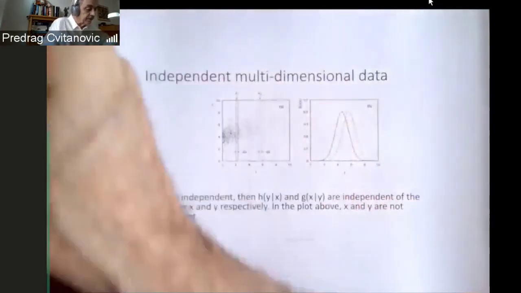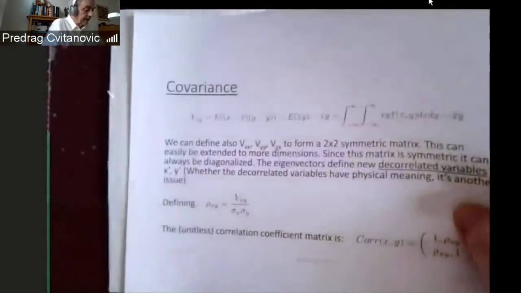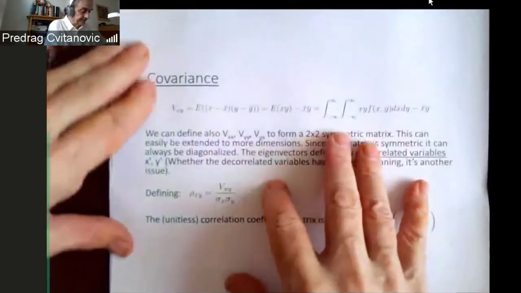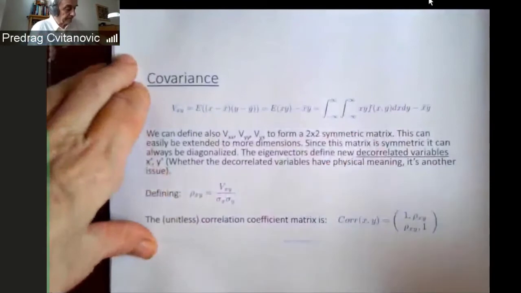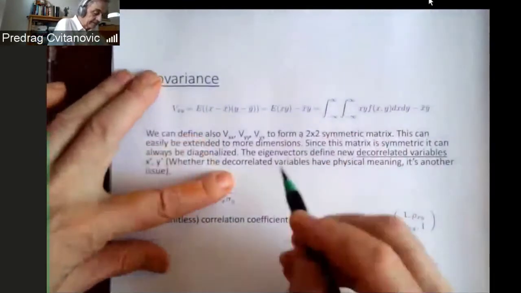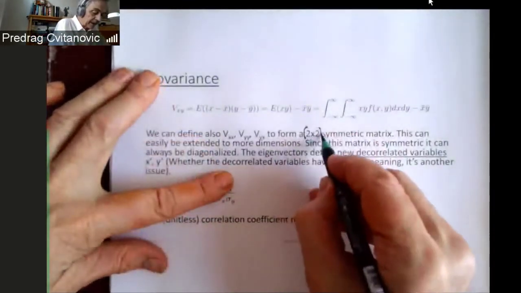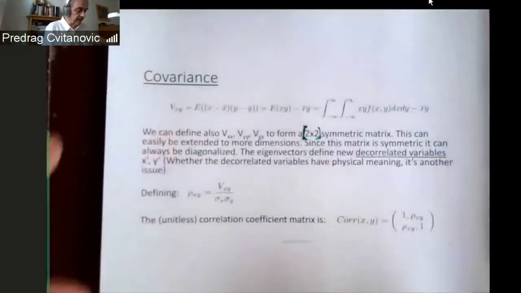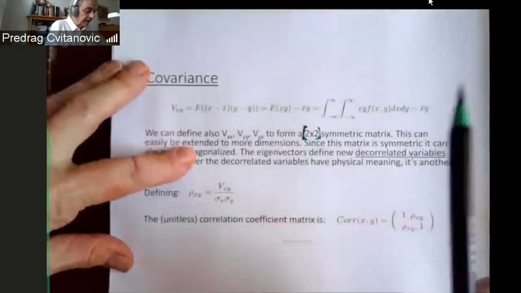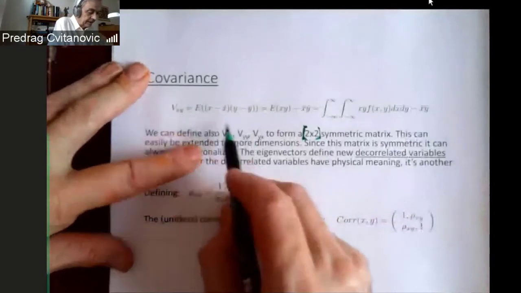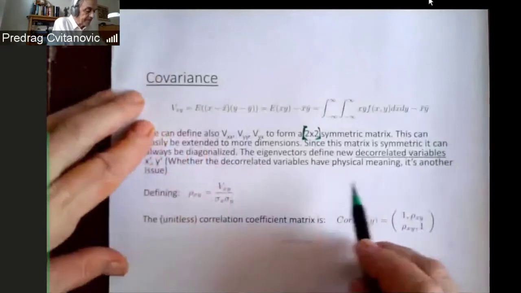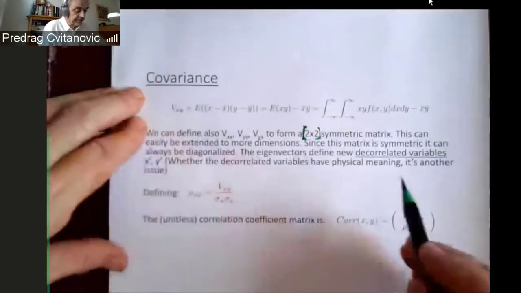For that reason, you do what we have done so many times already. You define a covariance, and you decide that the way you have to measure this, you have to think of these distributions as ellipsoid cigars in higher dimensions. And you have to find out what's the expectation value of x and y as 2 variables.